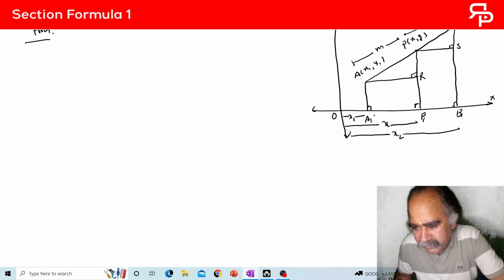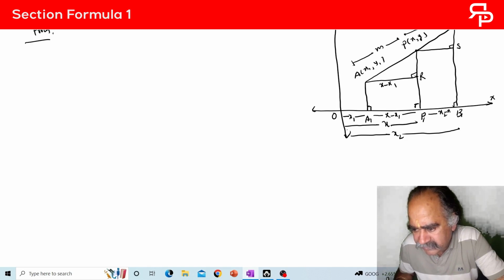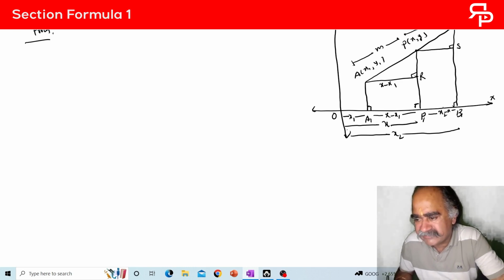So length A1P1 will be x minus x1. So if length A1P1 is x minus x1, length AR will be x minus x1. Length P1B1 is x2 minus x. The reason is length OP1 is x, and length OB1 is x2. So length P1B1 will be x2 minus x.